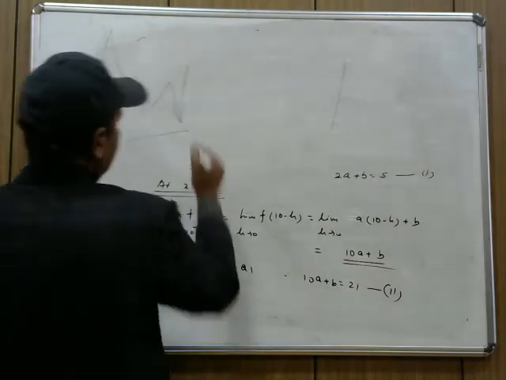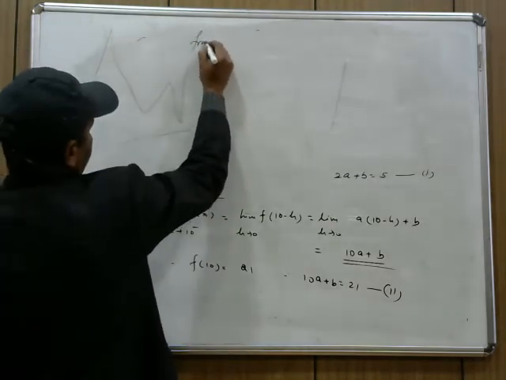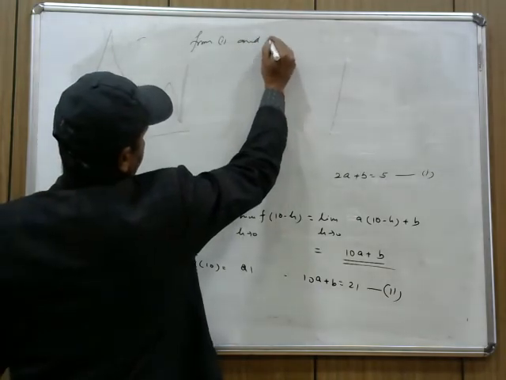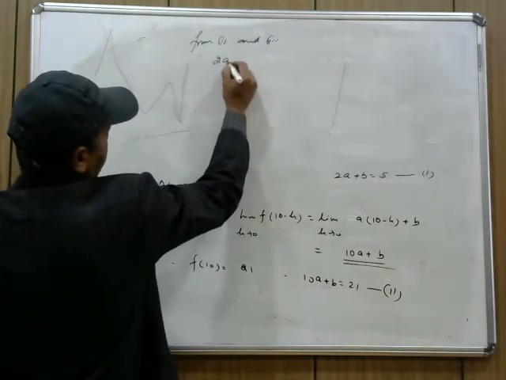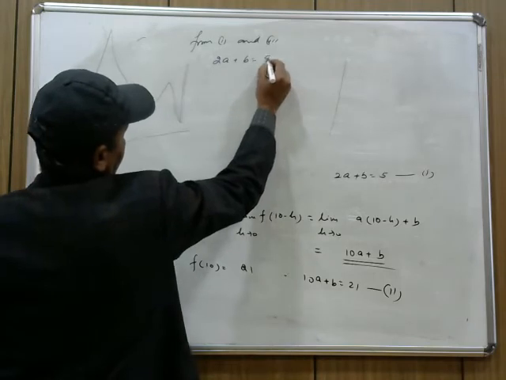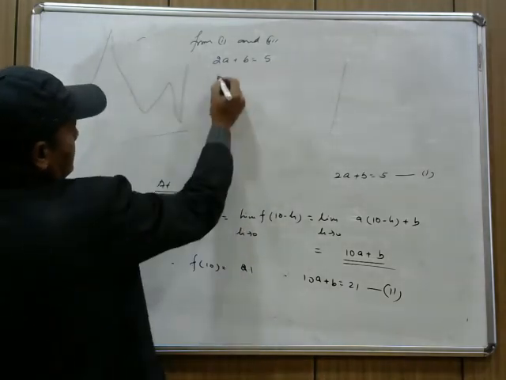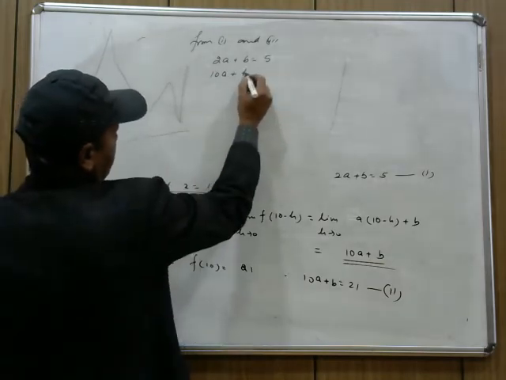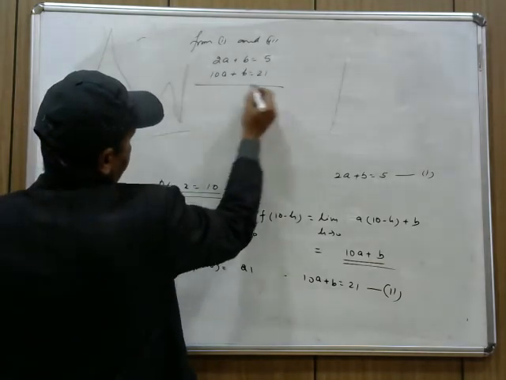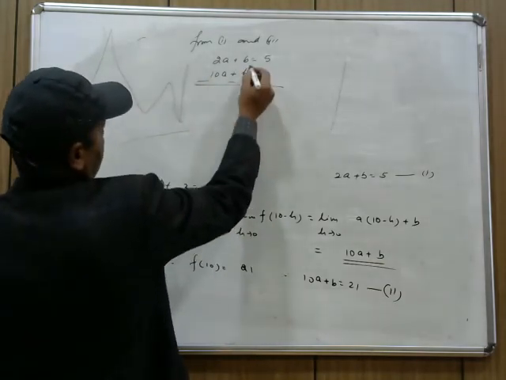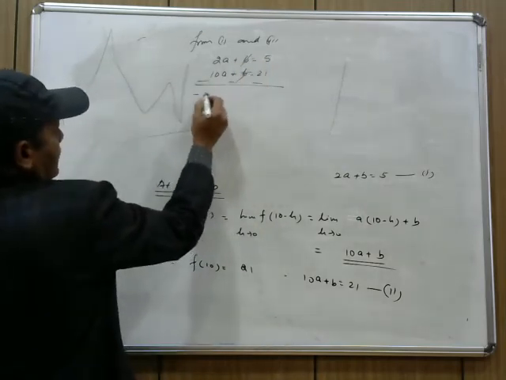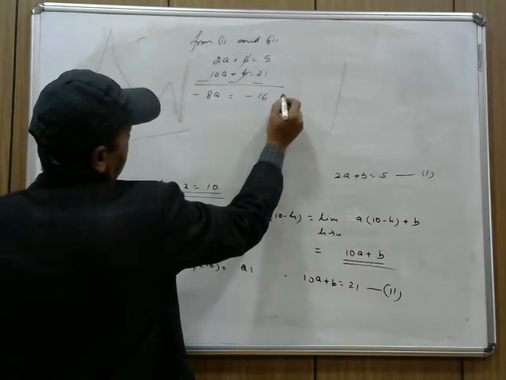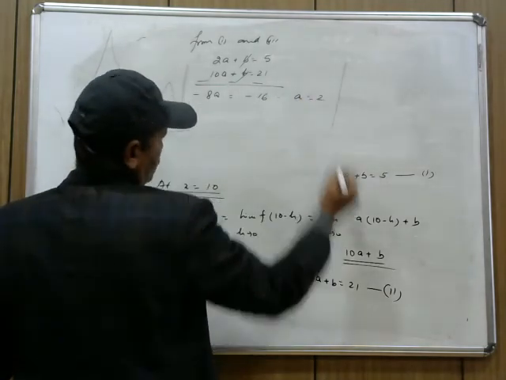If I subtract, b is cancelled. 2a minus 10a gives minus 8a, and 5 minus 21 is minus 16, it implies that a is equal to 2.